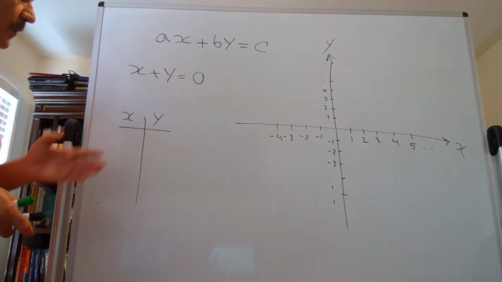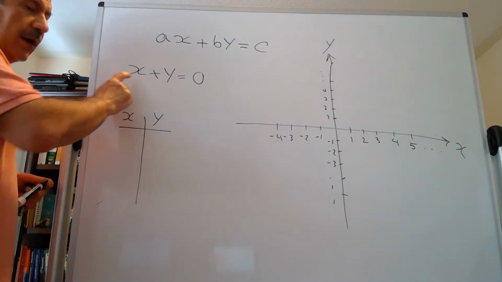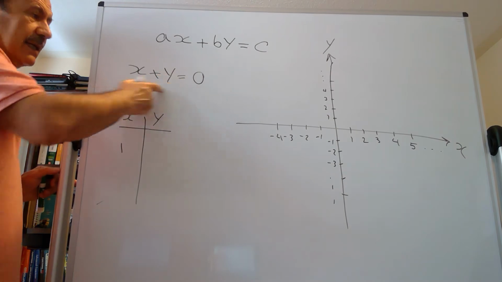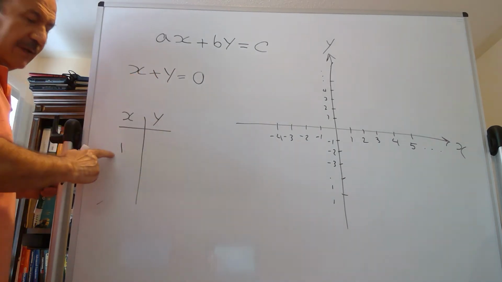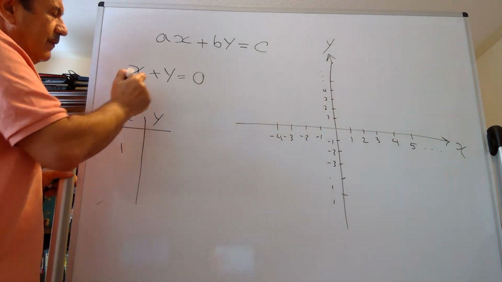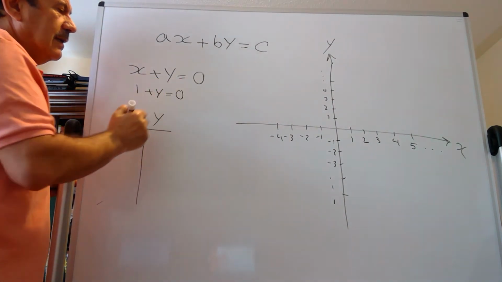As long as we pick one of the variables, we have to calculate the other one. Let's say for this one I select 1 for x. Then substituting, 1 plus y equals 0.